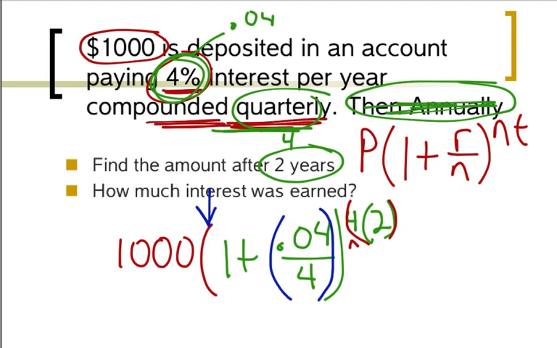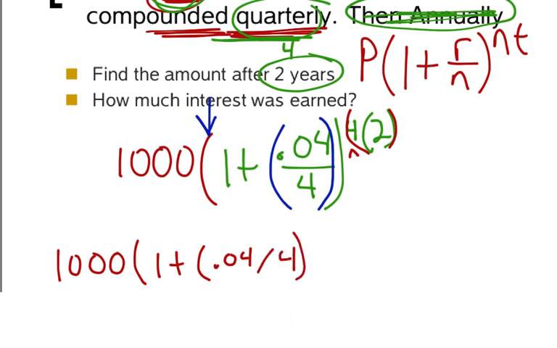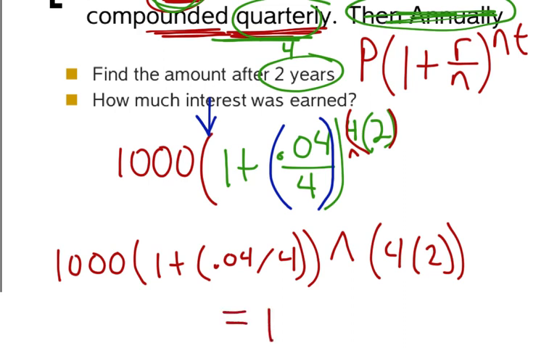So if I was to plug it straight into my calculator, I would put 1,000 parentheses 1 plus parentheses again 0.04 divided by 4, close parentheses, close them again, and then the little caret, and then 4 times 2. And that would give you the answer that you're looking for, which is 1,082.86 if you round.